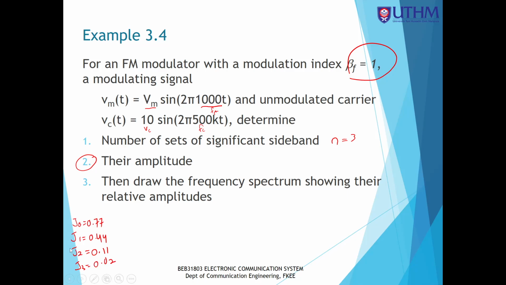Okay, so what is the amplitude? Remember that Jn is equal to Vn over Vc. So if you want to find the real amplitude, that means Vn equals Jn multiplied with Vc. Then you can get the real amplitude.